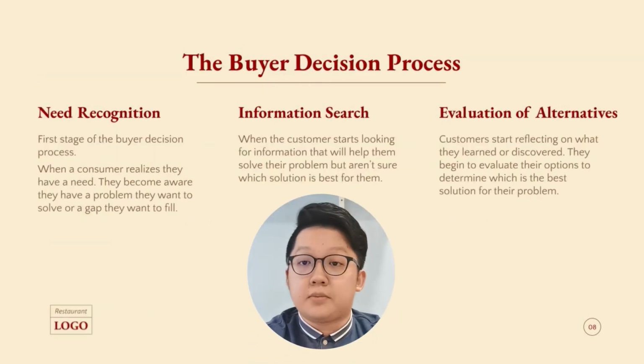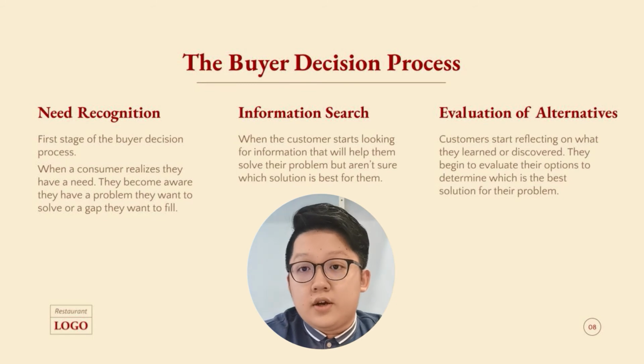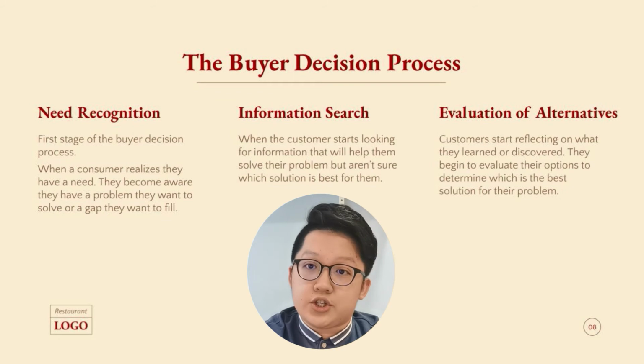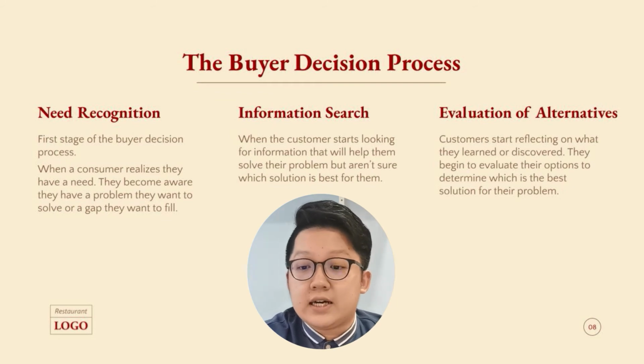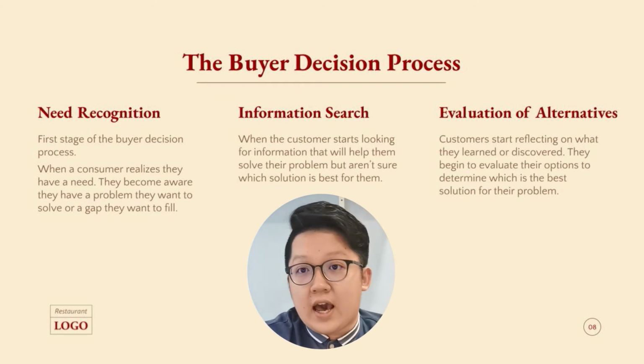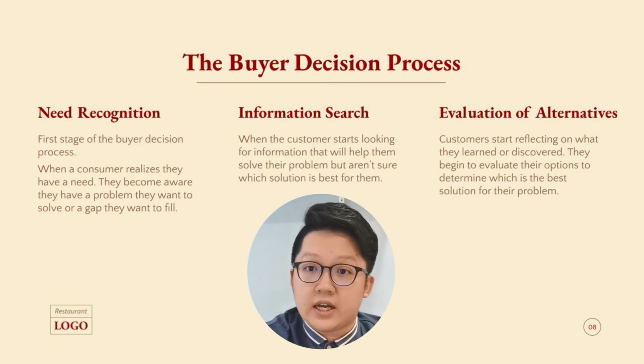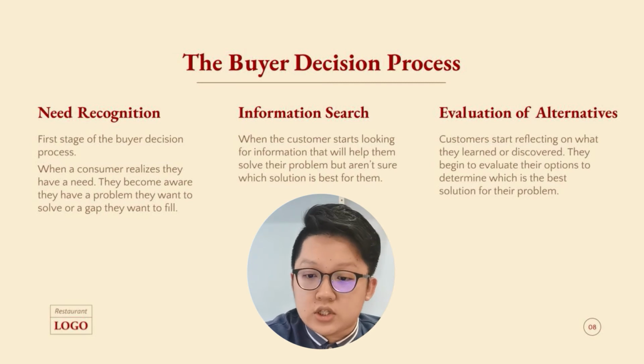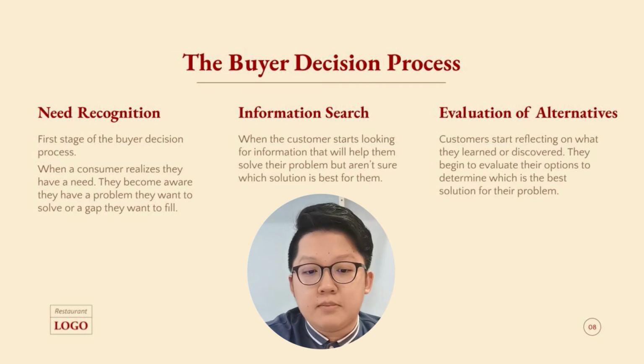The next thing is the buyer decision process. We have 5 steps in the buyer decision process, the first step being need recognition. It begins when a consumer realizes that they have a need. They become aware they have a problem they want to solve or a gap they want to fill. At this point, the customer may or may not know what will solve their problem, but they may only be aware that they want to change their reality or situation to a better situation.